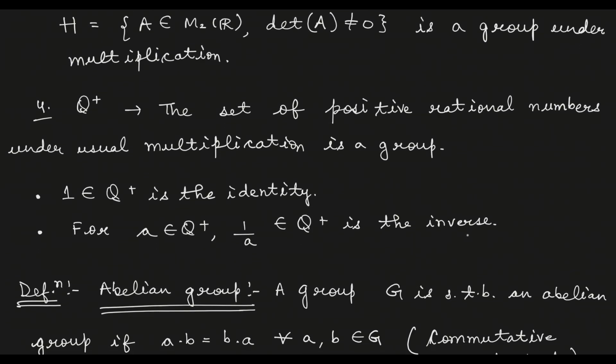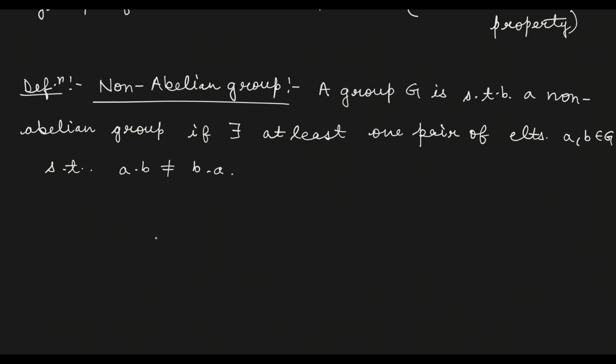Is this Q plus abelian? Set of positive rational numbers under usual multiplication. Abelian. Yes, Q plus is an abelian group. Now is the set of rationals under usual multiplication a group?